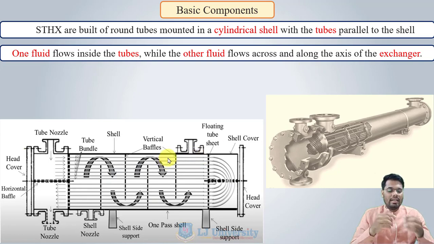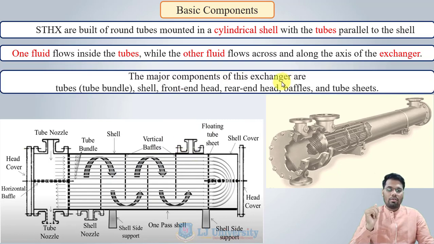So the heat transfer between these two fluids takes place at the surface of the tube, because one fluid flows inside the tube and the other flows over its surface. This is how heat transfer takes place in a shell and tube heat exchanger.